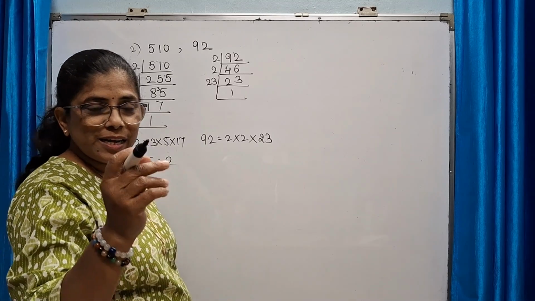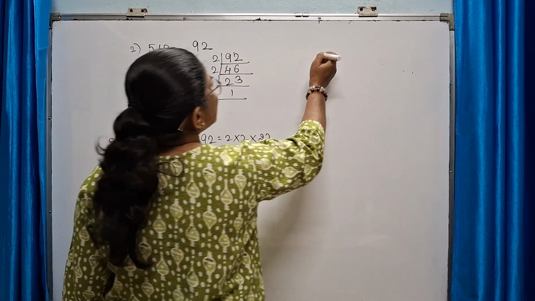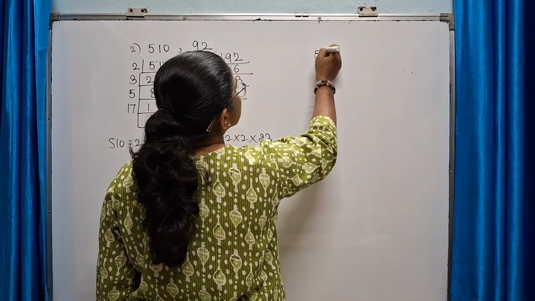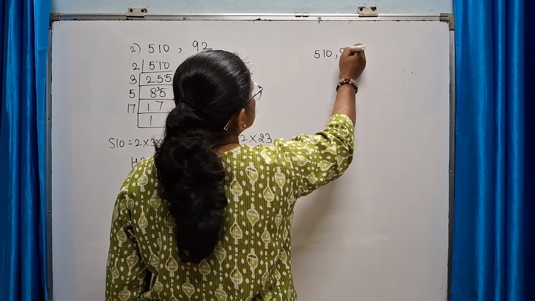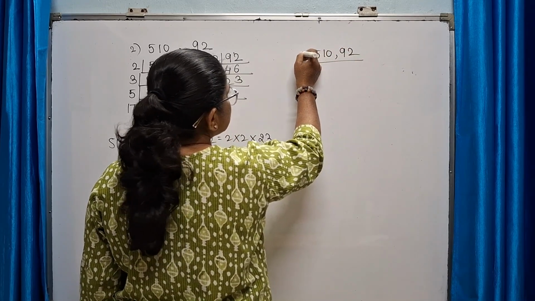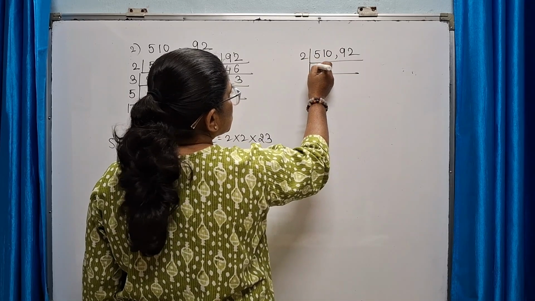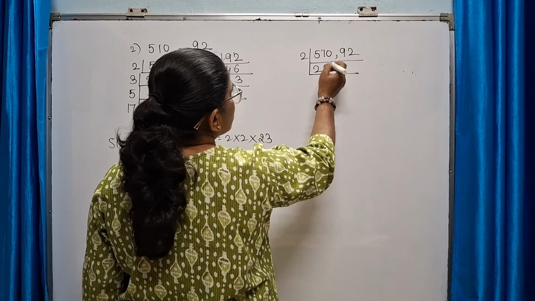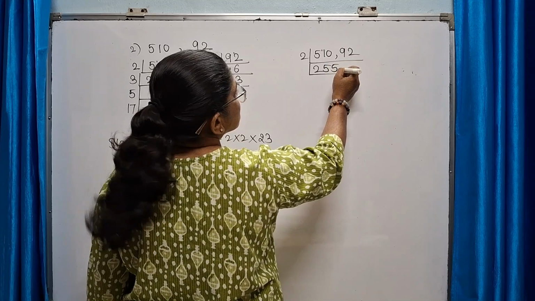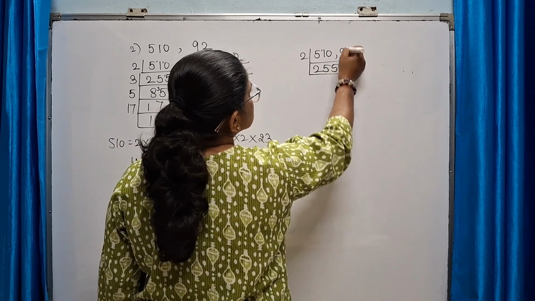Now we have to find the LCM. Let's take 510 and 92 together and divide by 2: 2 255s are 510, 2 46s are 92.